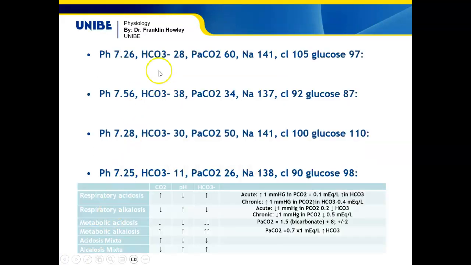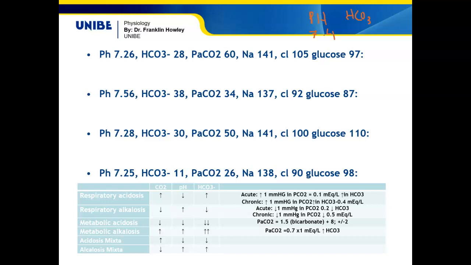So let's say, for example, we start off here. The idea is, we remember that pH should be 7.4, and less than that is an acidemia, more than that is an alkalemia. Bicarbonate should be 24.